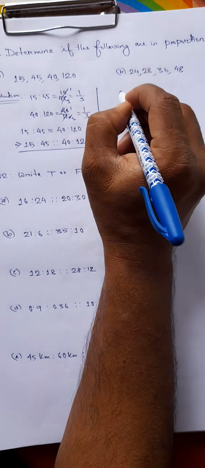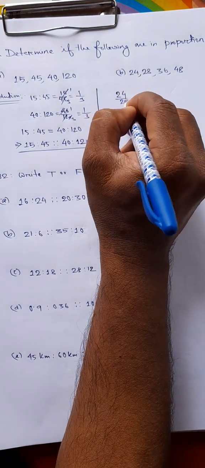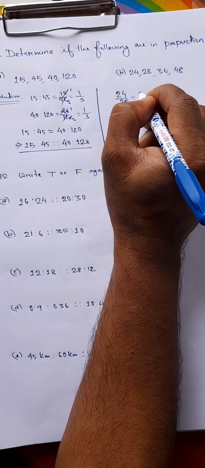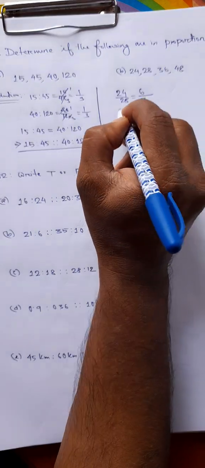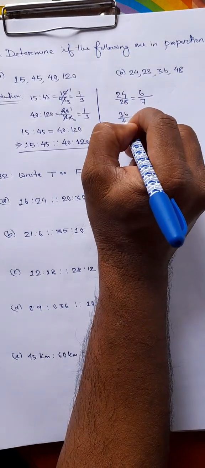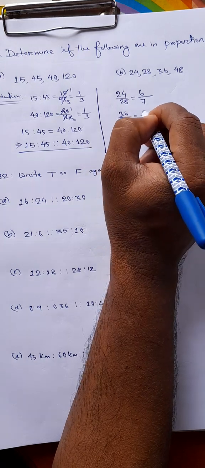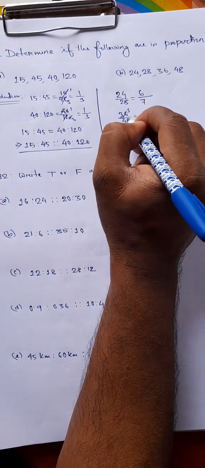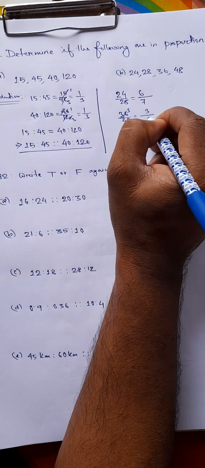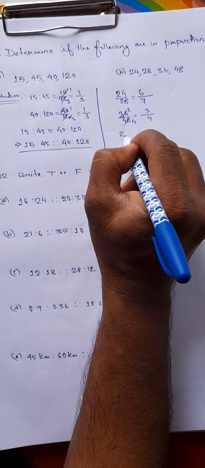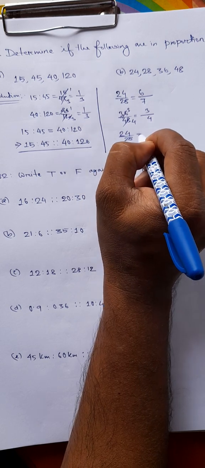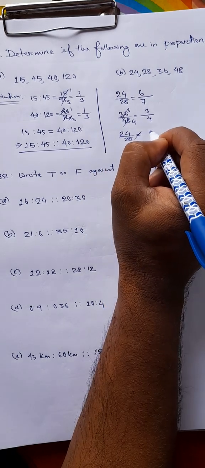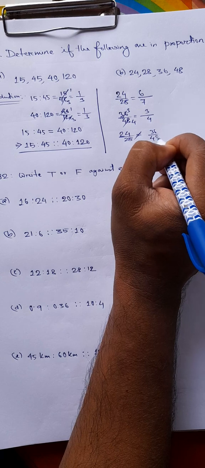Now let's check this. 24 by 28 equals 6 by 7. 36 by 48 equals 3 by 4. Therefore 24 by 28 is not equal to 36 by 48.